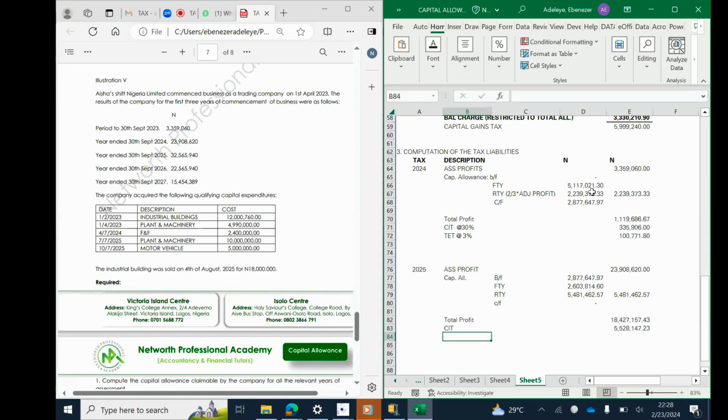And our TET, which is our tertiary education tax, will be what? 3% of our adjusted profits, 0.03 times adjusted profits. Does that make any sense, please? Does it make any sense?